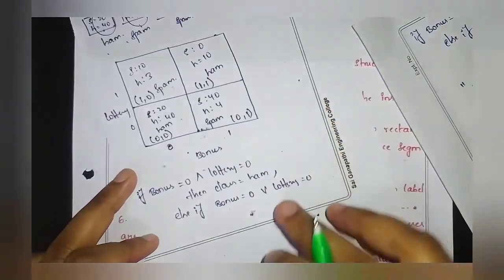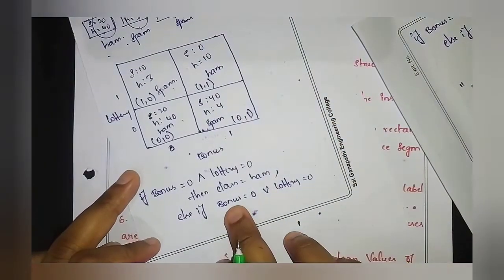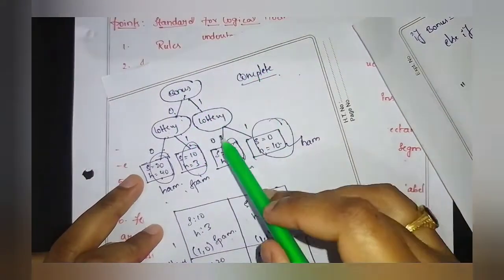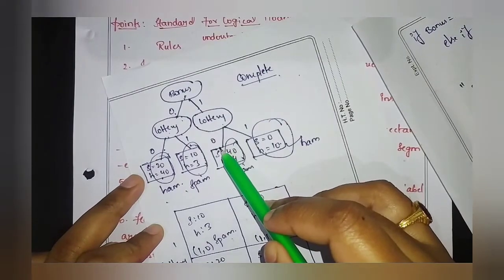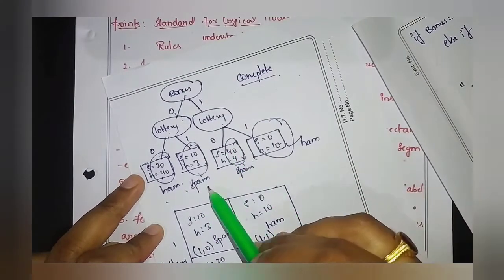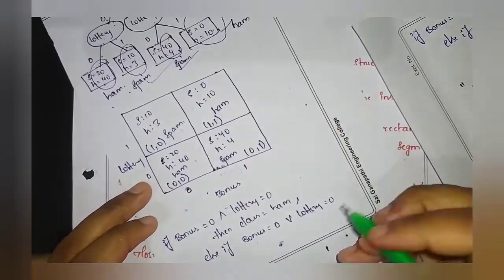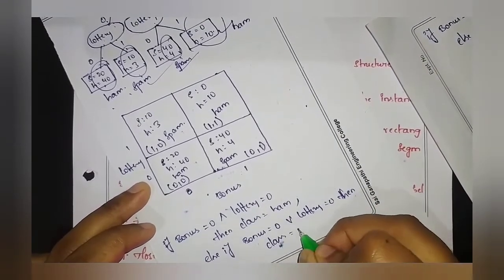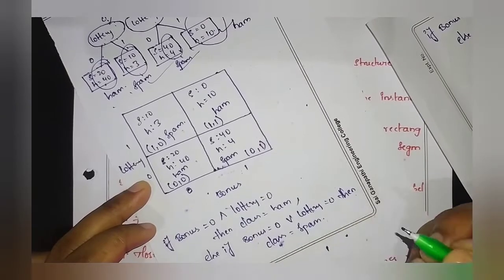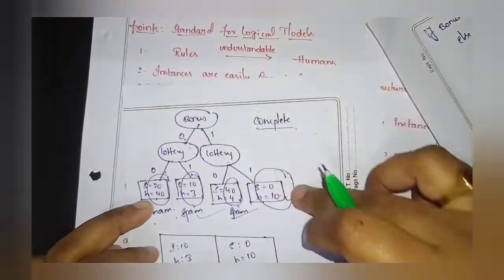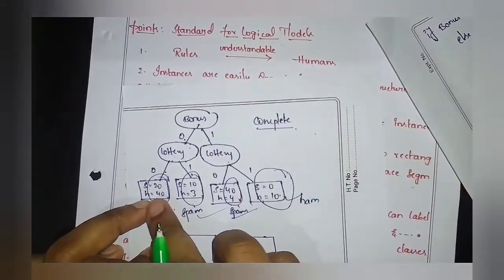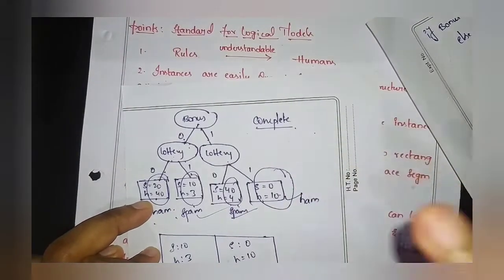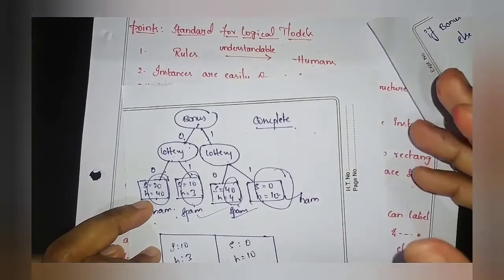That is why we are representing this as or. If bonus equal to 0 or if lottery is equal to 0, then both cases result in spam classes, right? Then class equal to spam. Now we are left with only a single thing. We have done with 3 classes, left with a single class, right? So now we can simply write this as else class equal to ham.